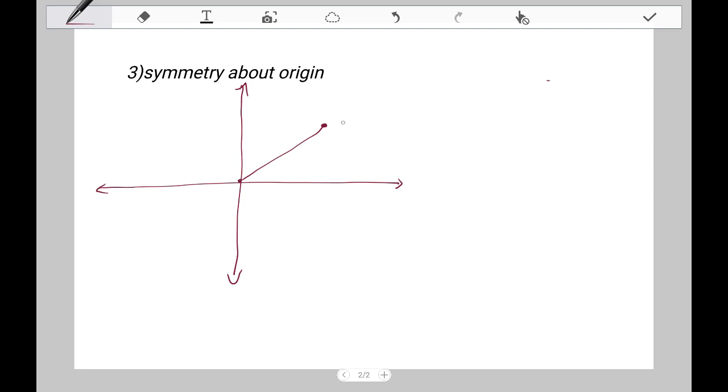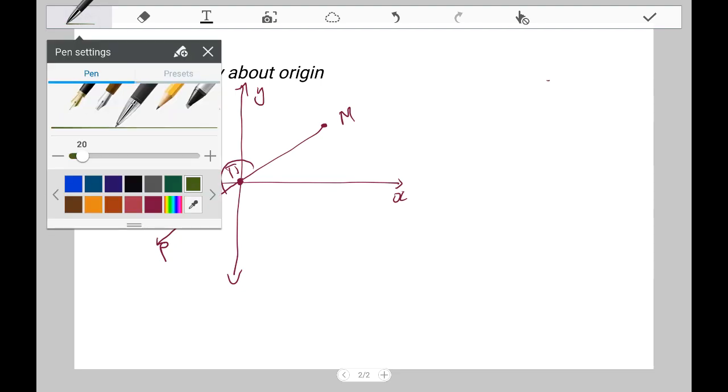So if we have a point N here, then we must have another point here, P. These 2 points are symmetric about the origin, because this point P starts here at the origin, and this one also starts at the origin, and then both make an angle of 180, which is pi in radians.